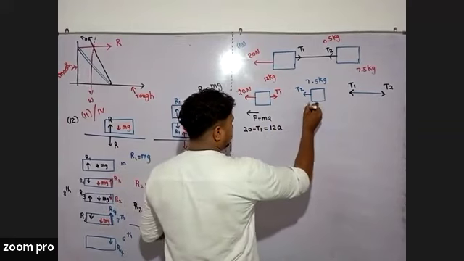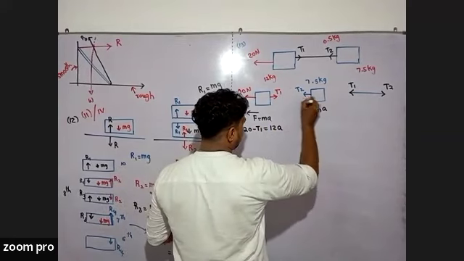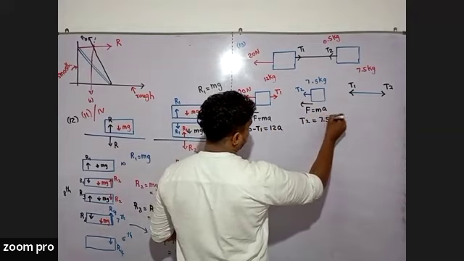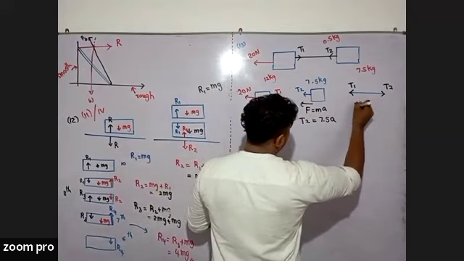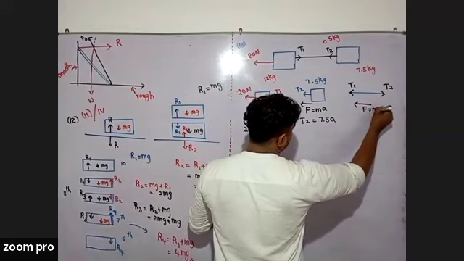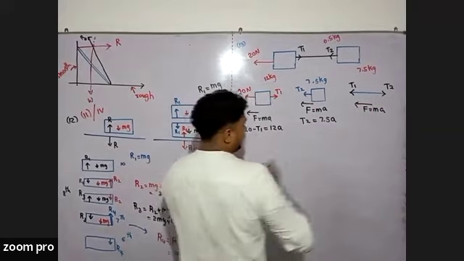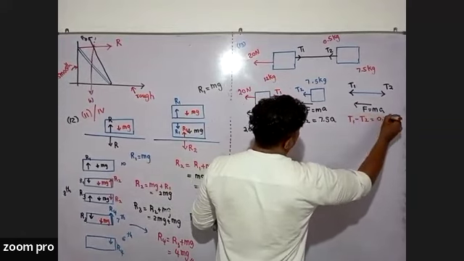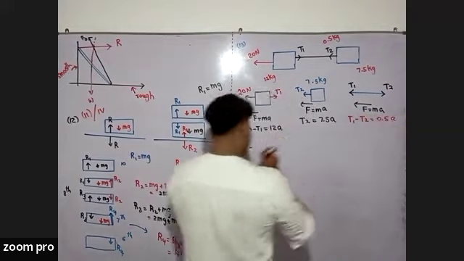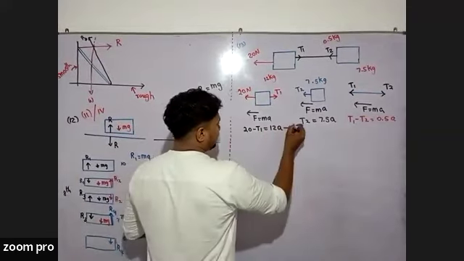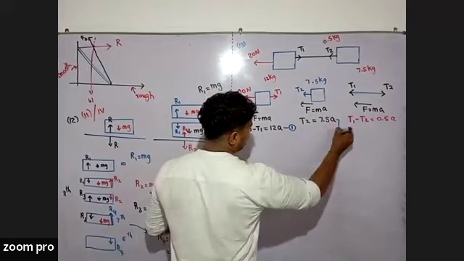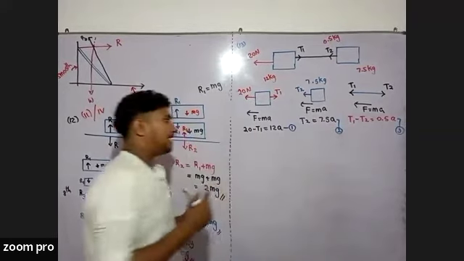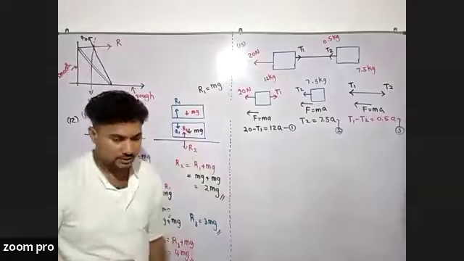If we apply F equals ma for the other object, it should be T2 equals 7.5a. If I apply F equals ma to the string, it should be T1 minus T2 equals 0.5a. Let's consider this as the first equation, this the second, and this the third. So let's add these equations together.